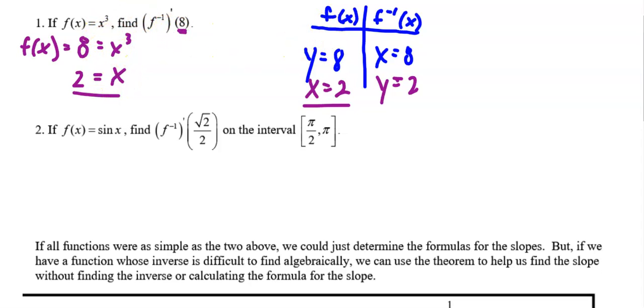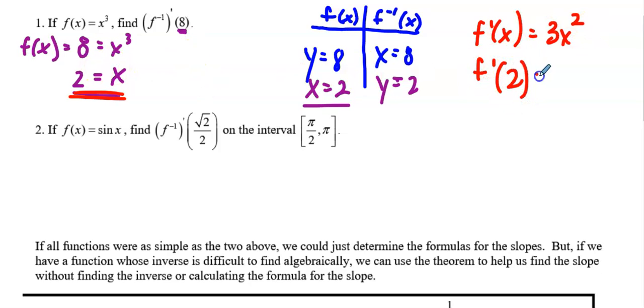The second step that you're going to do in this problem is find the derivative of your function. So what is f prime of x? That's going to be 3x squared. Now I want to find the derivative of my inverse, so I'm going to plug 2 into my derivative.